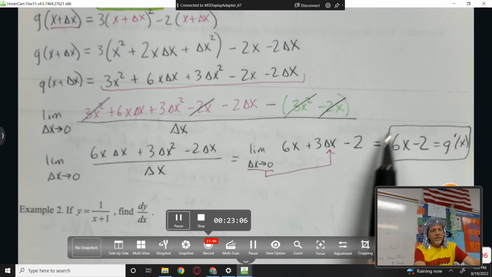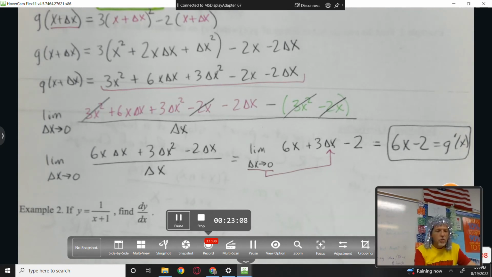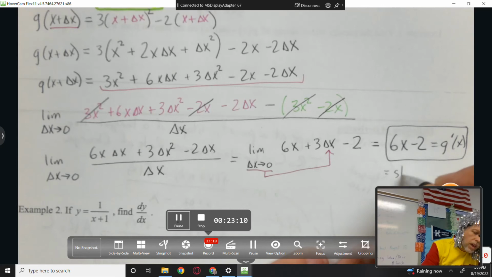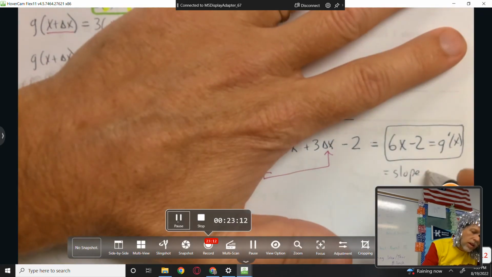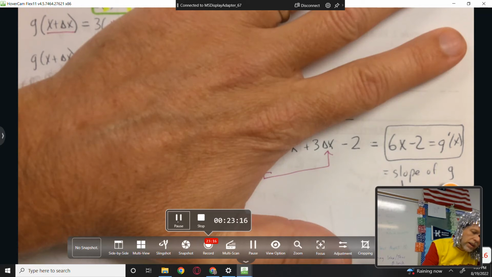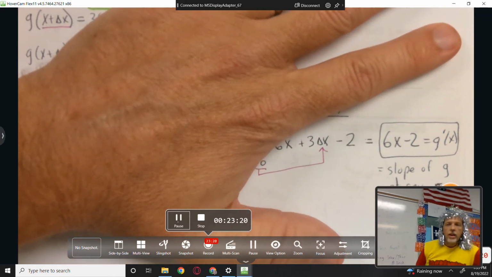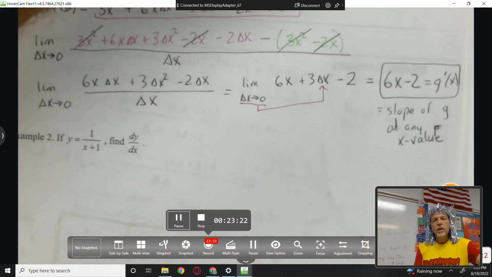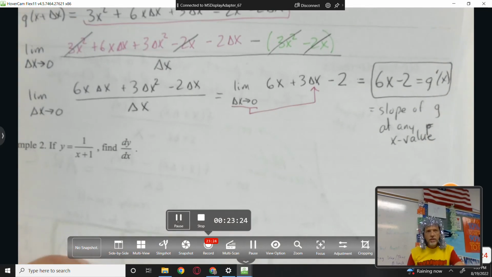I've got this formula that tells me the slope of g at any x value, because I can plug in the x value if I want to know the slope at 10 or at negative 3. This is kind of tedious.